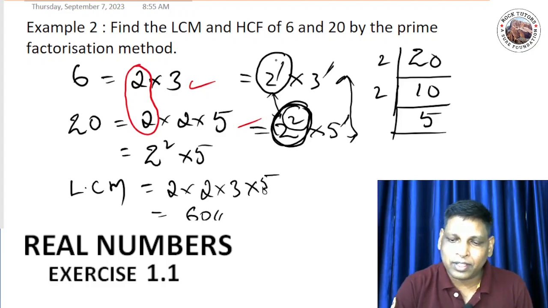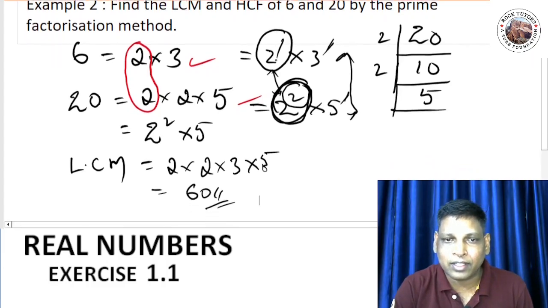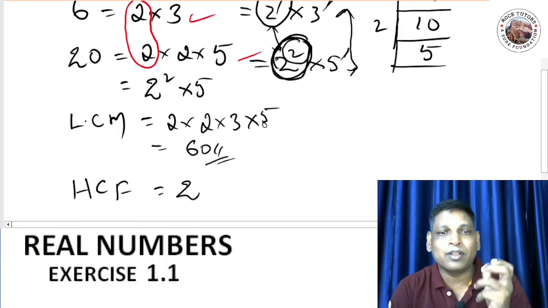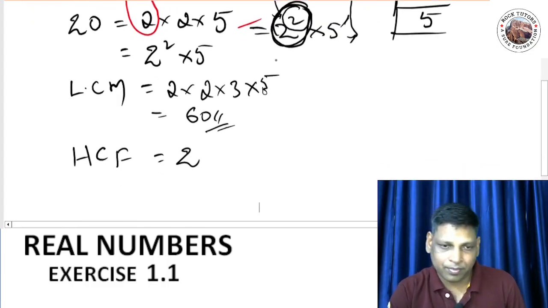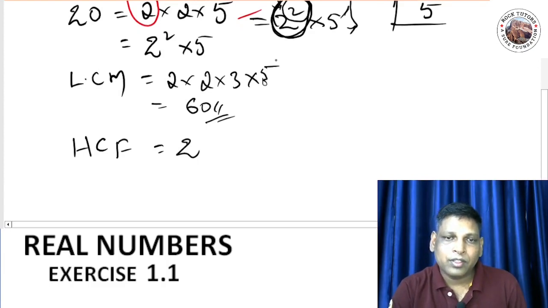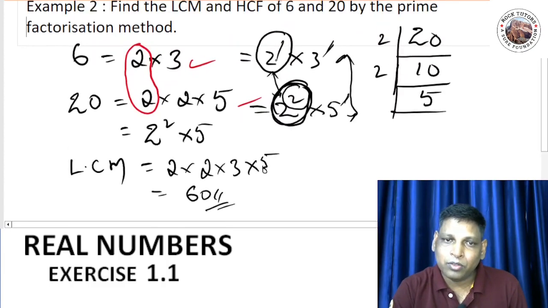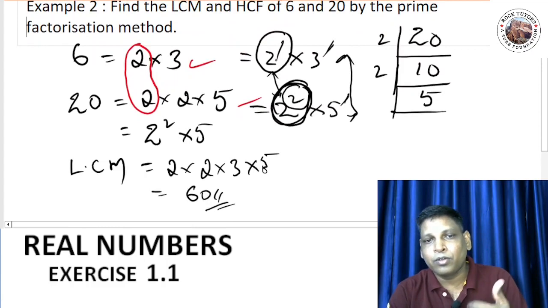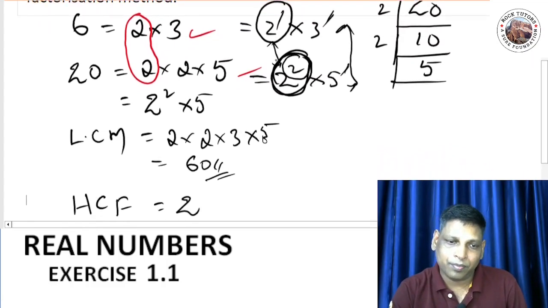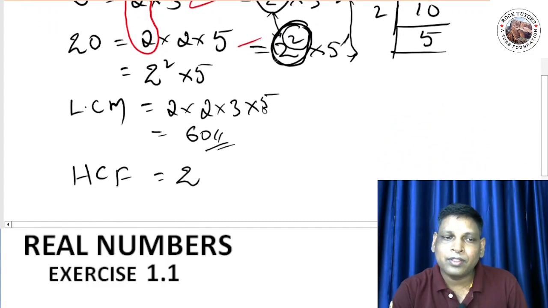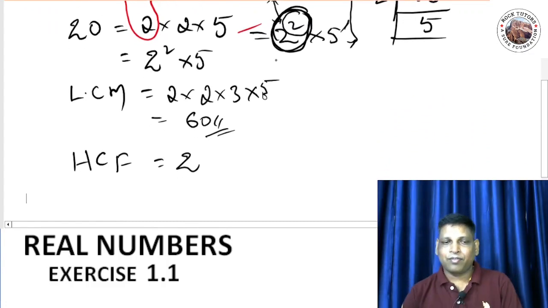If 2 common factors are there, then we take the one with the least power, the product of the least powers. Here the common factors are only 2 and 2, and 2 power 1 is the least power, so the HCF is 2. Understood? This is the way we can find the HCF of numbers.